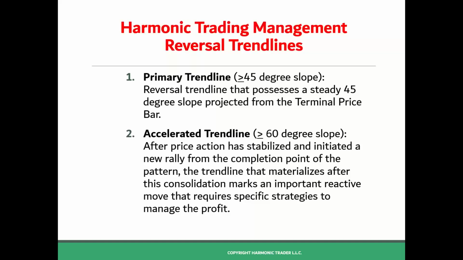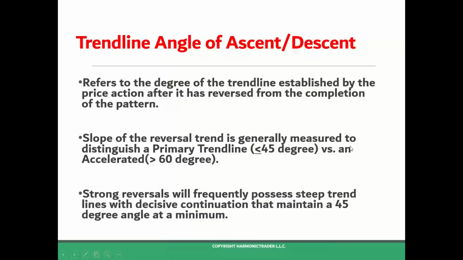And then the accelerated trend line, that's when you really pop and you get out of the PRZ. That'll usually be a 60-degree thrust move, and it can initiate really an entire new rally. Or it could just be a strong reaction, which we can capitalize on, but we have to manage it properly. And again, we look at those essentially at the profit levels.